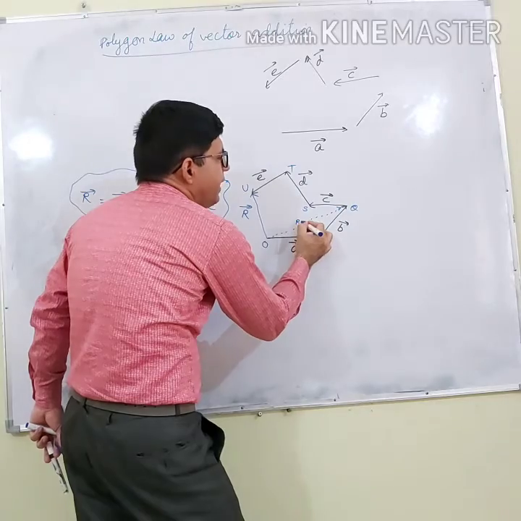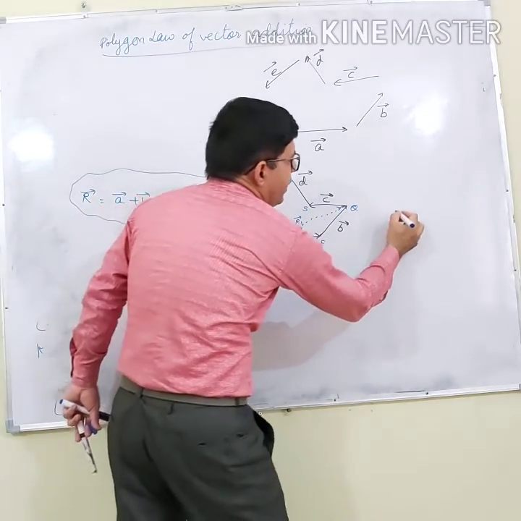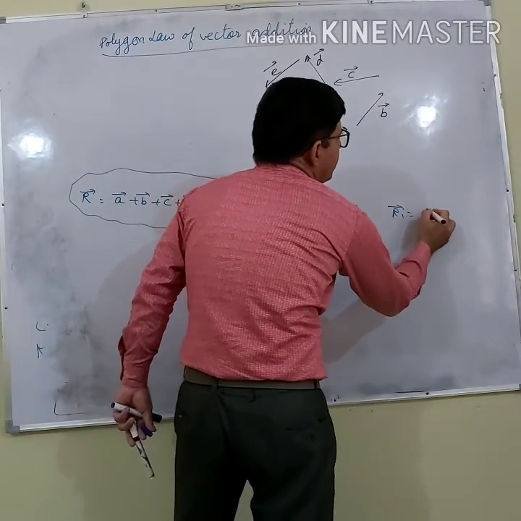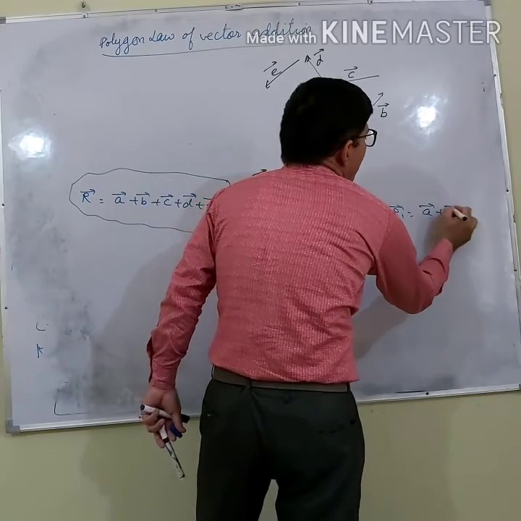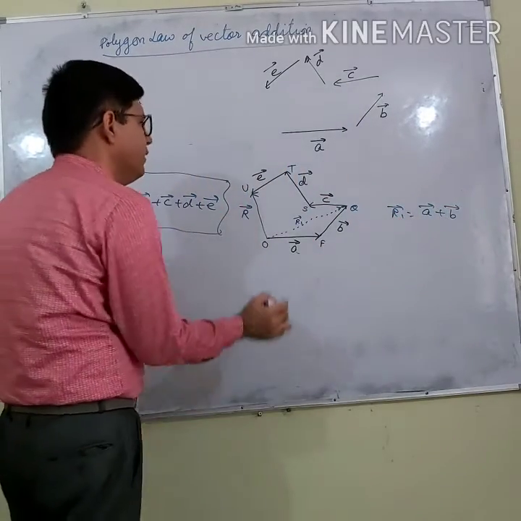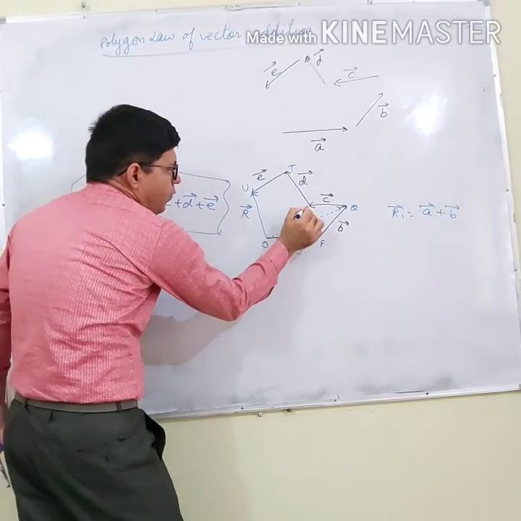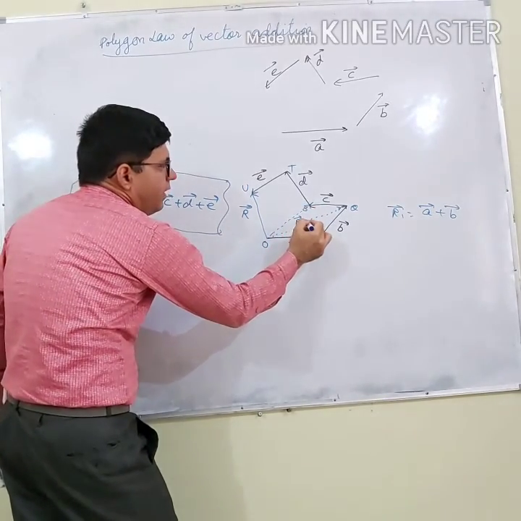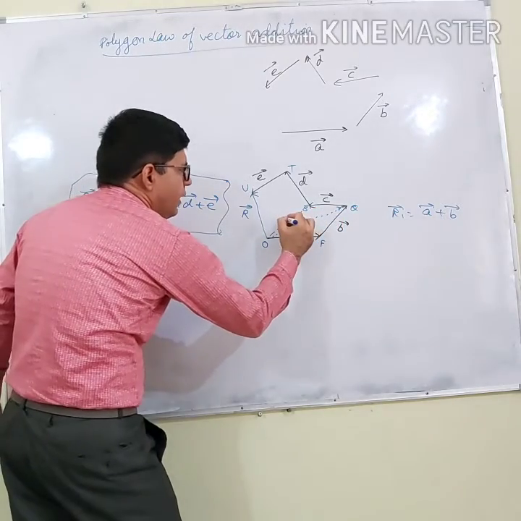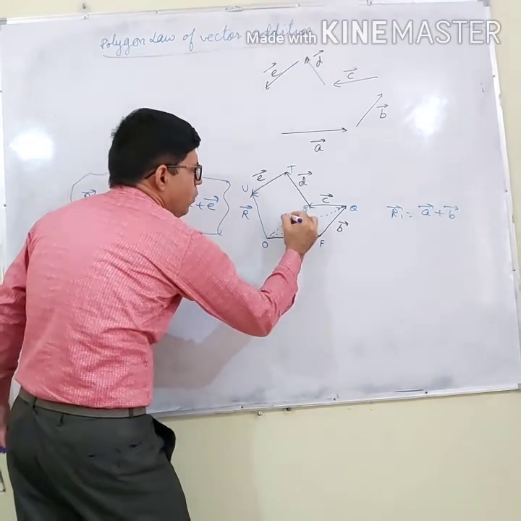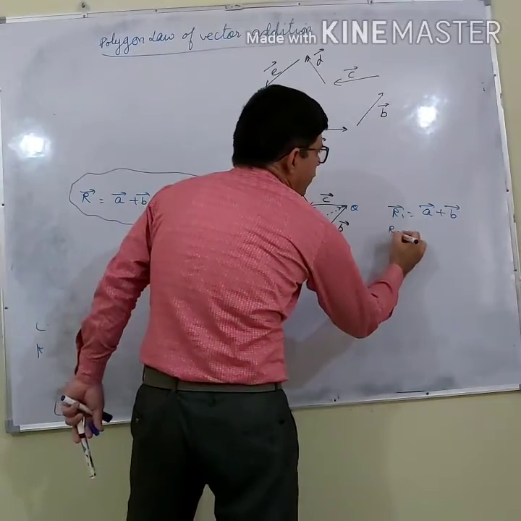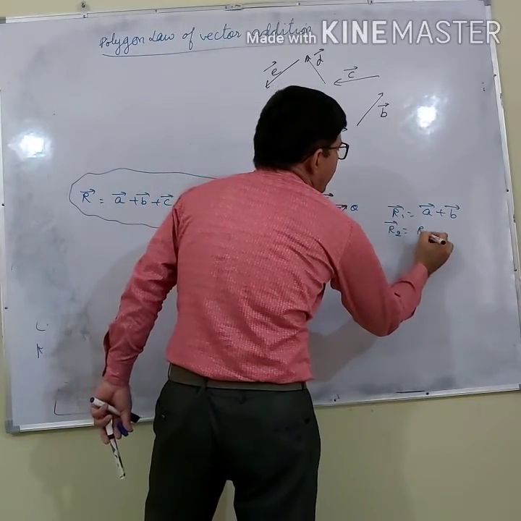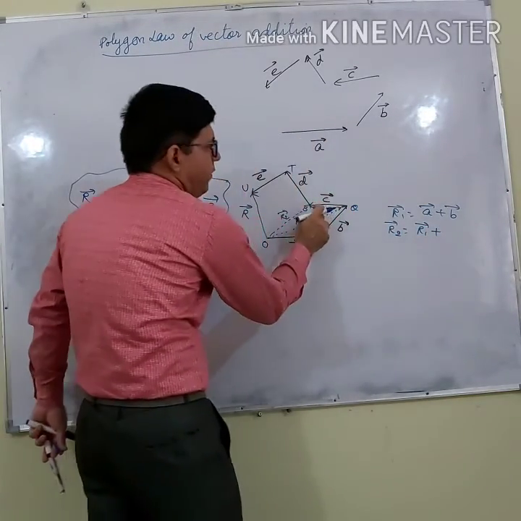Let us say its resultant is R1. Then you can write R1 equals vector A plus B. Why? Triangle law of vector addition. Similarly, if you join this, what is the resultant of R1 and vector C? Let us say this is R2. You can write R2 equals R1 plus vector C.